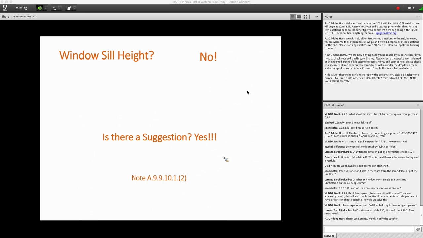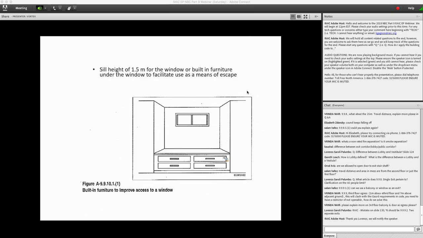But there is a suggestion in Note A-9.9.10.1(2), okay? And the suggestion is that, for instance, typically on a basement story where you have a window well, okay? What you can do is you can have a sill height of 1.5 meters for the window, or if you can, for some reason, have built-in furniture under the window to facilitate use as a means of escape.